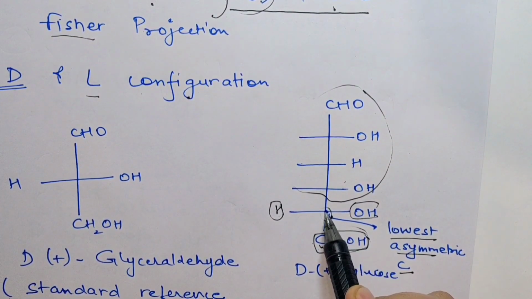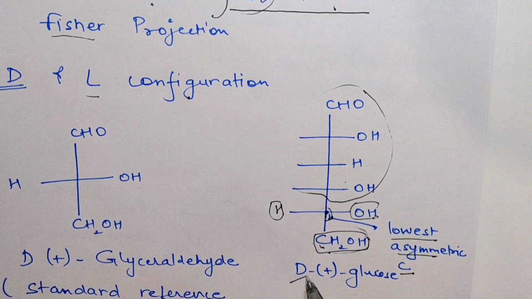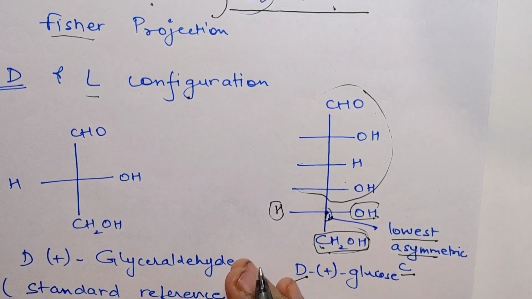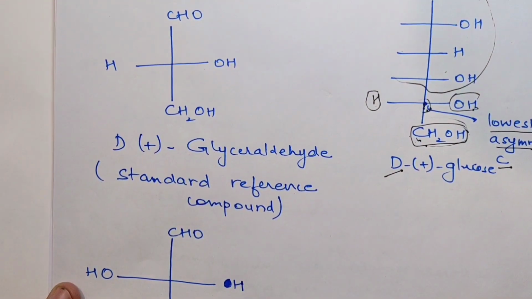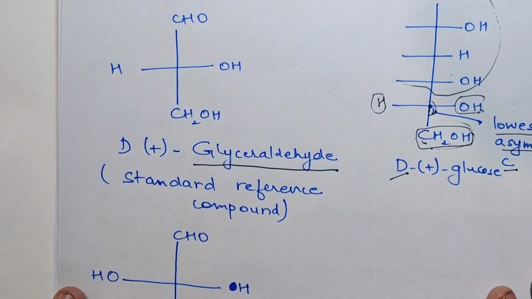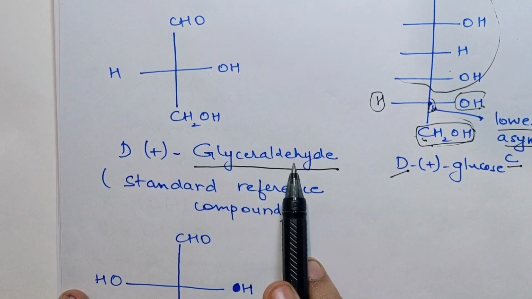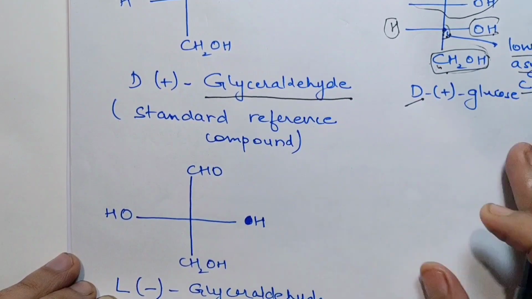In the lowest asymmetric carbon, if the OH group is on the right, then it belongs to the D series. If it's on the left, then it belongs to the L series. How do we decide that? We have taken some standard molecules, which are glyceraldehydes: D plus glyceraldehyde and L minus glyceraldehyde. These we took as standards.